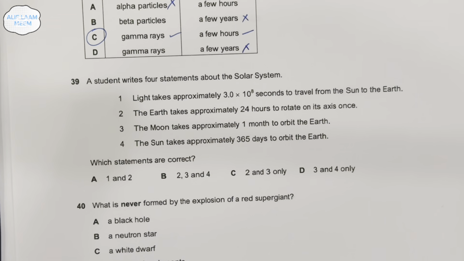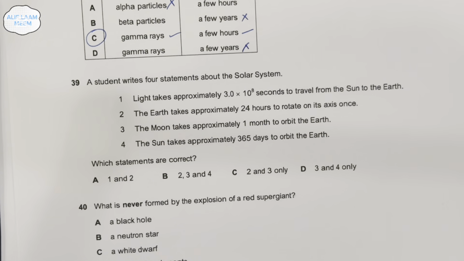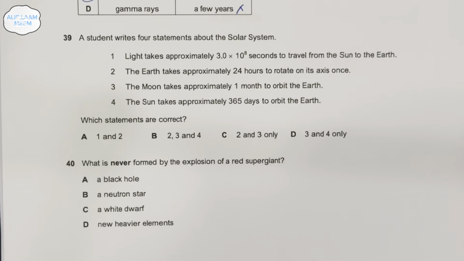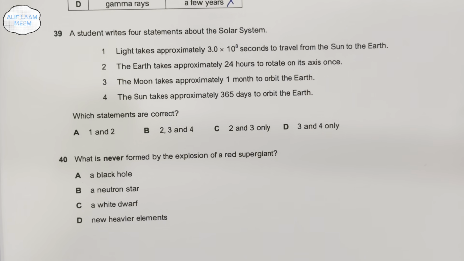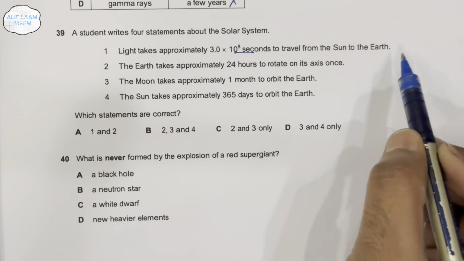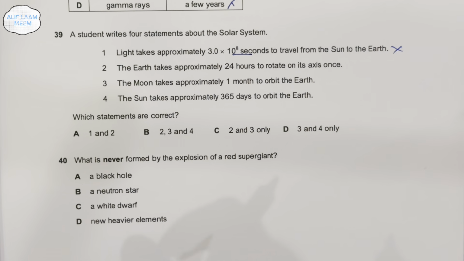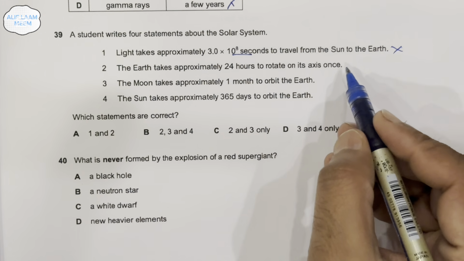Moving to question number 39. A student writes four statements about the solar system. Light takes approximately 3 × 10⁸ seconds, not meters per second, so this is the wrong option. The earth takes approximately 24 hours to rotate on its axis, this is the right option.